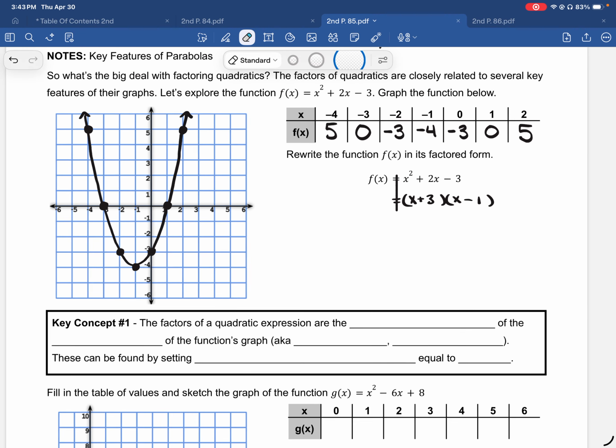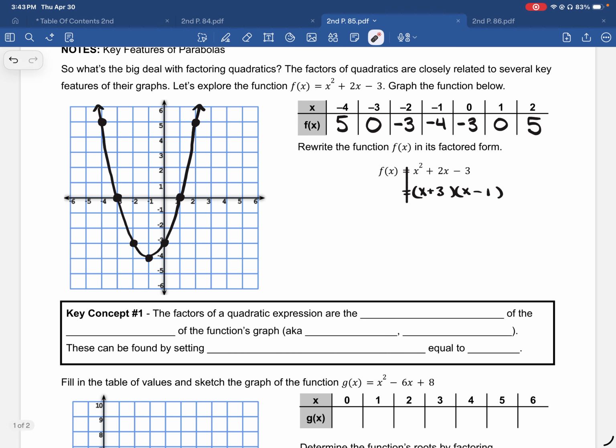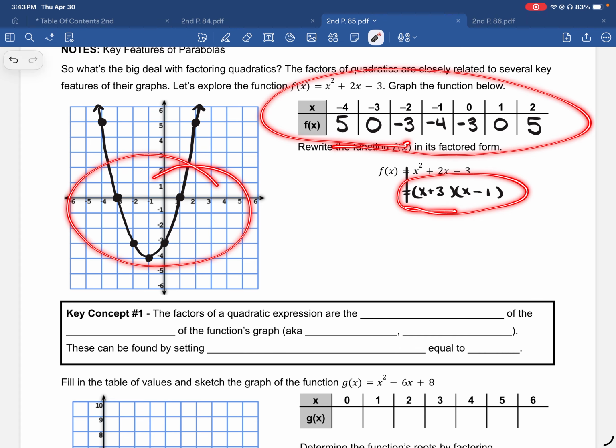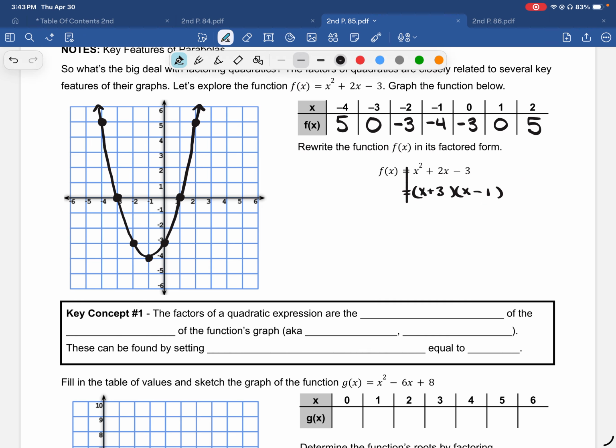And that's it. So I want you to compare the factors to the table to the graph. The first key concept says that the factors of a quadratic expression are the opposite of the x-intercepts of the function's graphs, also known as the zeros or roots.